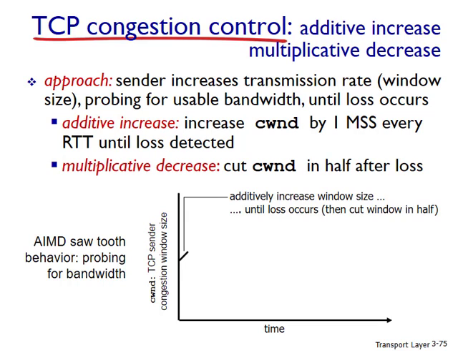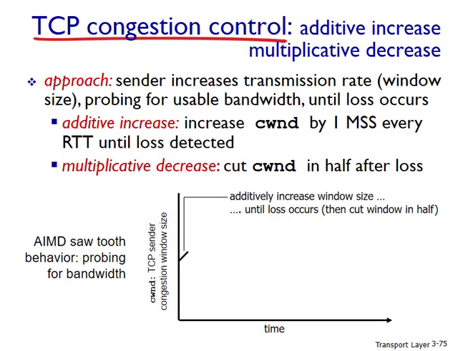The approach taken by TCP is to have each sender limit the rate at which it sends traffic into the connection as a function of network congestion. If a TCP sender perceives that there is little congestion on the path between itself and the destination, then the TCP sender increases its send rate. If the sender perceives that there is congestion along the path, then the sender reduces its rate.